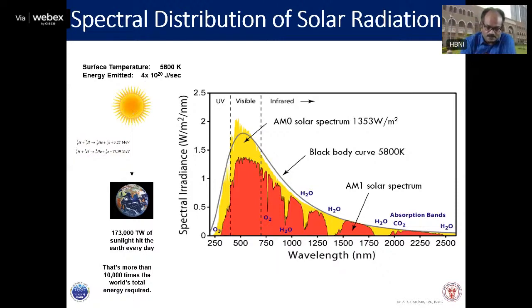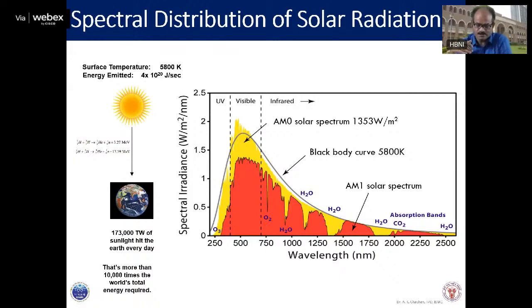Now the light, or you can say the radiation, which is coming to the Earth, has a spectrum. Spectrum is when you plot the intensity versus the wavelength of that radiation.